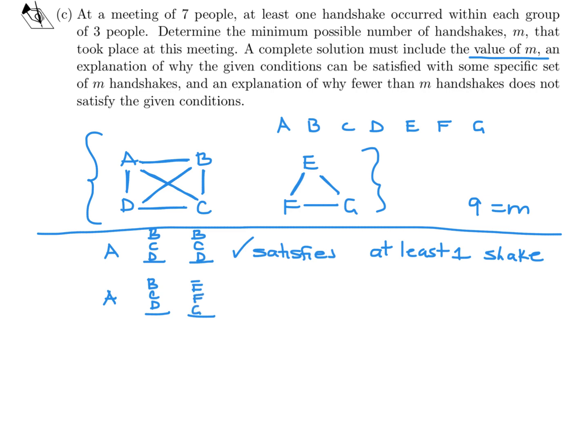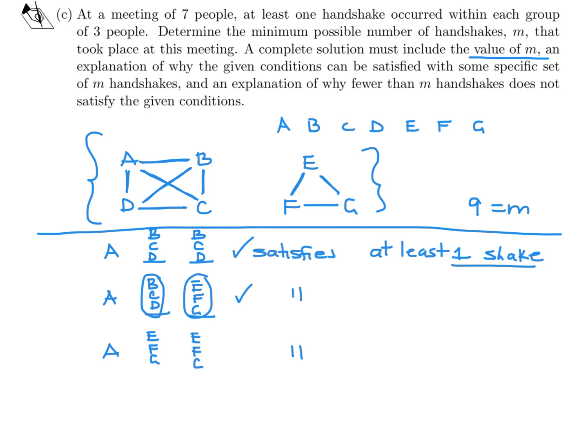Well, yes, because A connects with any of the B, C, or D guys. Even though there's no connection between this group and this group, that doesn't matter because we only need one handshake, so that satisfies it also. What if we have the second guy from EFG and then somebody from EFG again? Well, anybody in EFG connects with any other in EFG. So that will satisfy also.